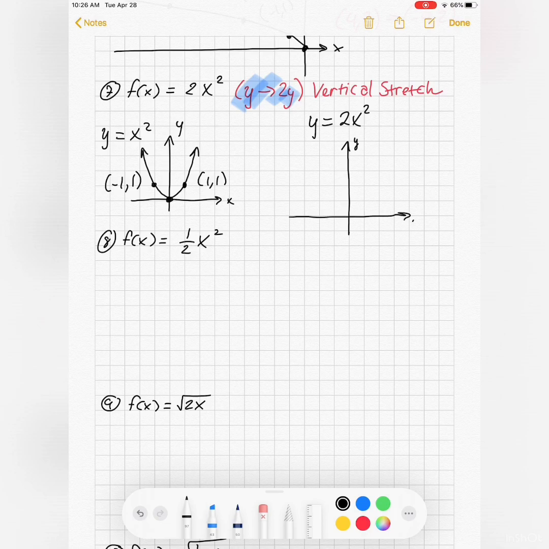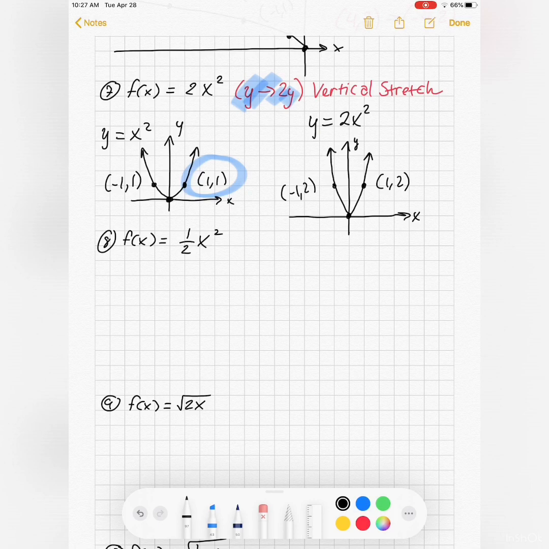And then I'll have a stretched parabola. So I'll have 1, 2. Right, I'm taking this, multiplying the y value by 2, do not affect the x value. And then negative 1, 2. So I have a skinny parabola, vertically stretched. Okay.